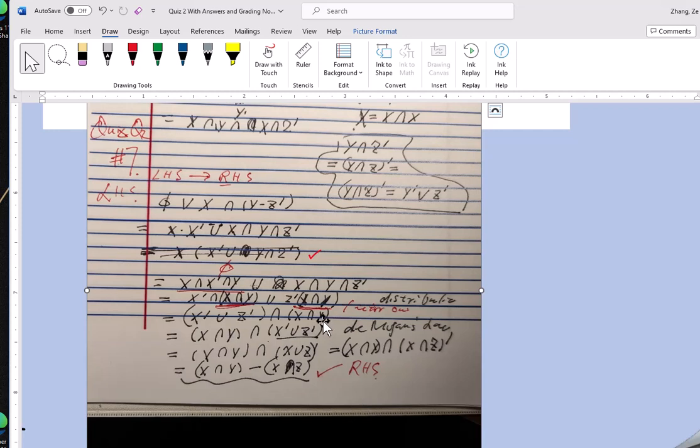Using the commutative rule again, I move this to the front, and then not x and not z. Then using De Morgan's law, it equals the negative of the whole thing, so there's a negative sign there. Therefore, you have this minus this. So the formal proof is this.